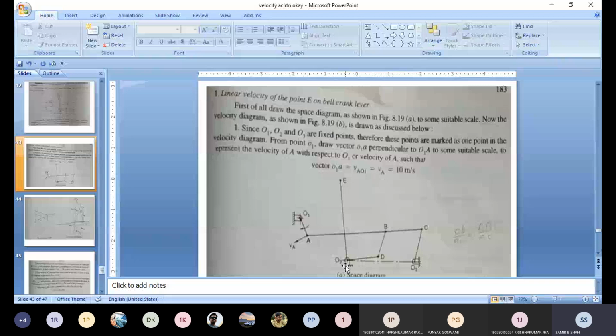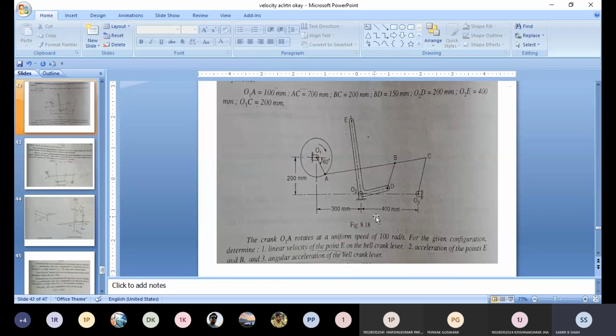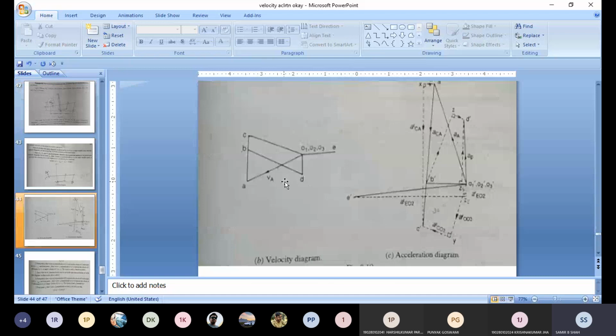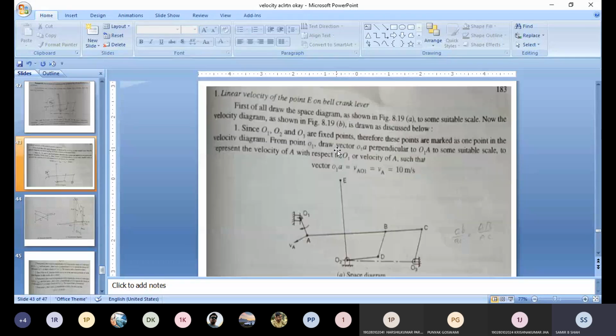At that time we use the equation, same ratio, same equation which we used for the intermediate point.